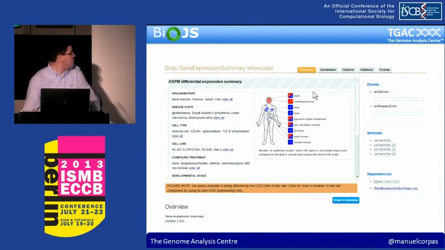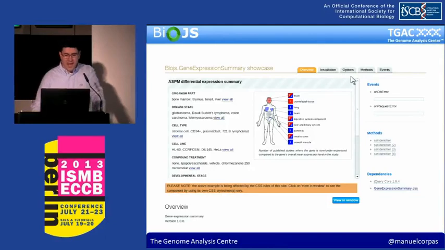But I want to draw you to these particular tabs. For each component, we require that it has installation instructions, but also options, so that you can see the different configurations and parameters that you can upload, as well as methods and events.